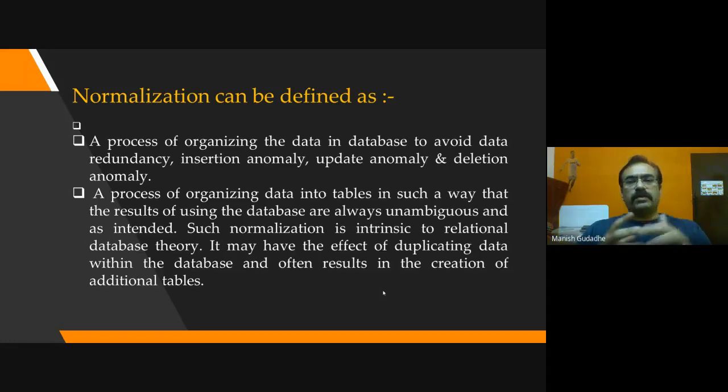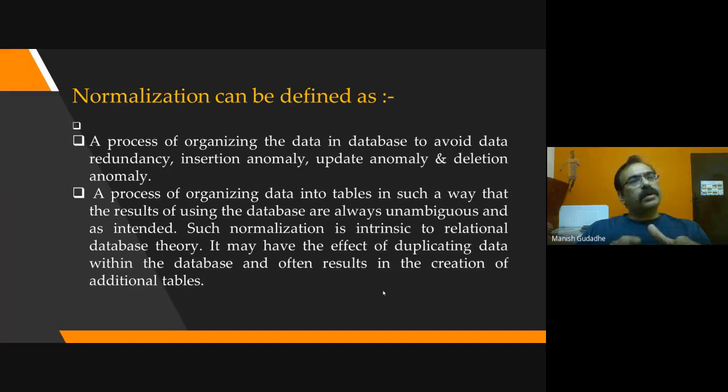So sometimes we may need to create additional tables, or decompose the existing table into smaller tables, so that all these things can be achieved. This is a formal definition of normalization. Right now, you just try to see this, and then we'll come back to the definition once we see one example.